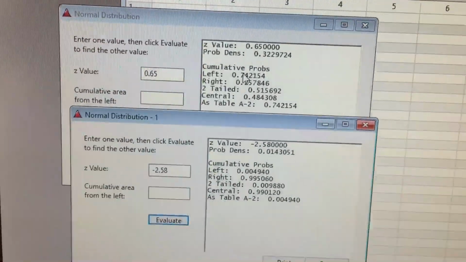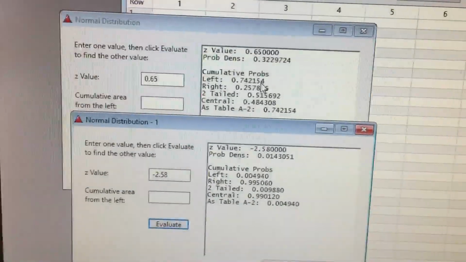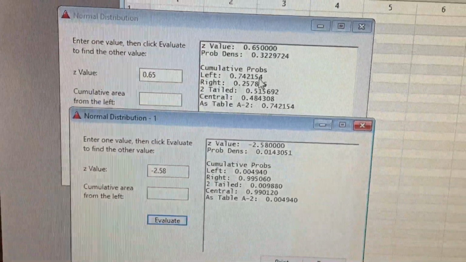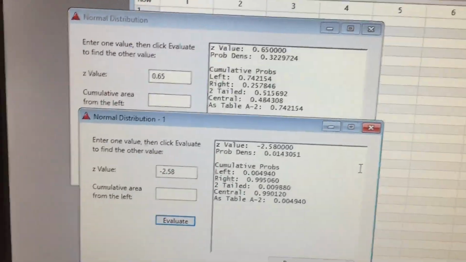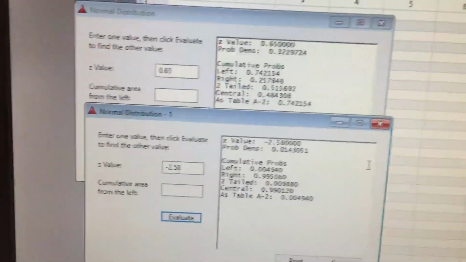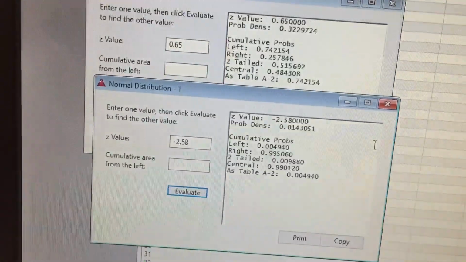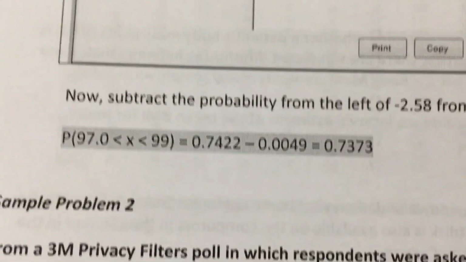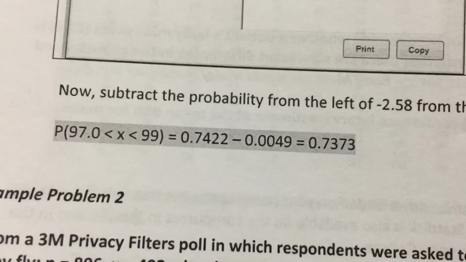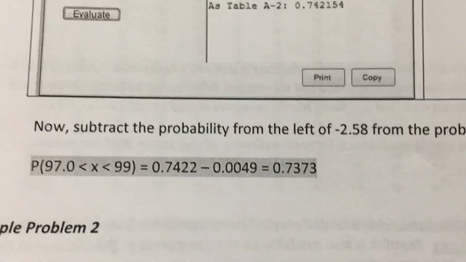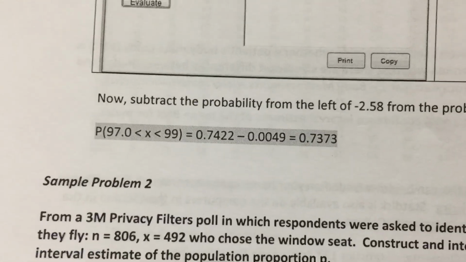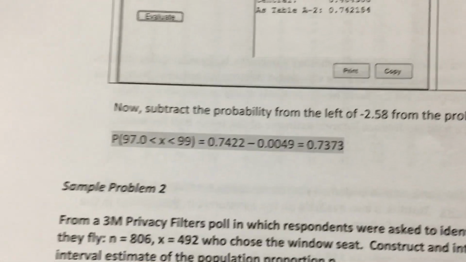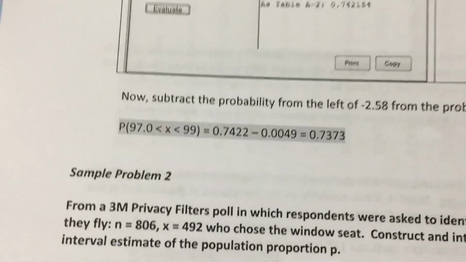And this was 0.7422, the cumulative probability from the left as well. We'll subtract those two. If you subtract 0.7422 minus 0.0049, this is what you will get: 0.7373. Okay, so here I'm subtracting those two cumulative probabilities on the left.